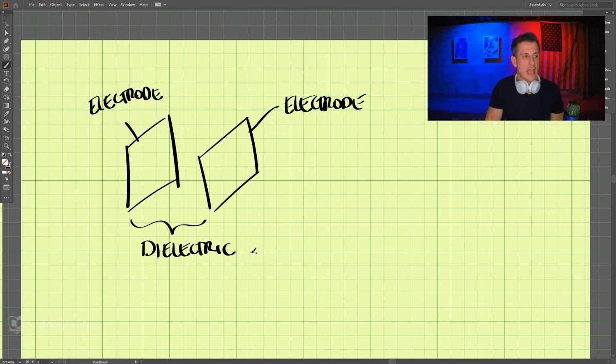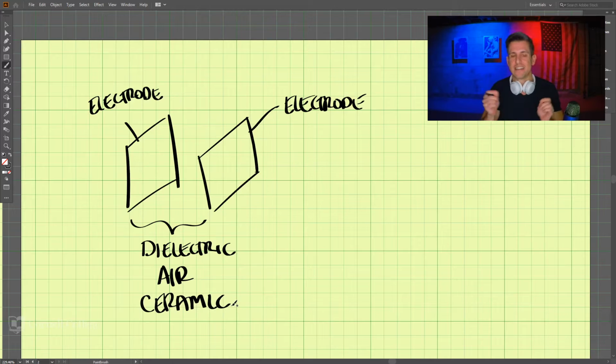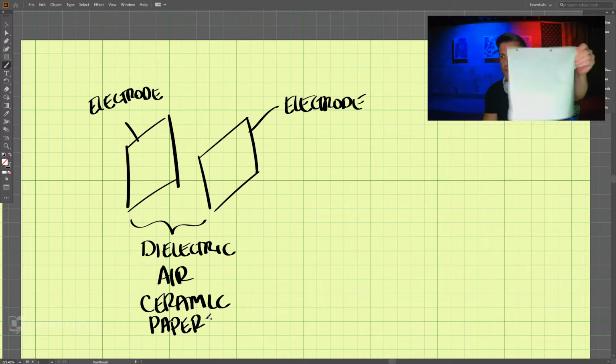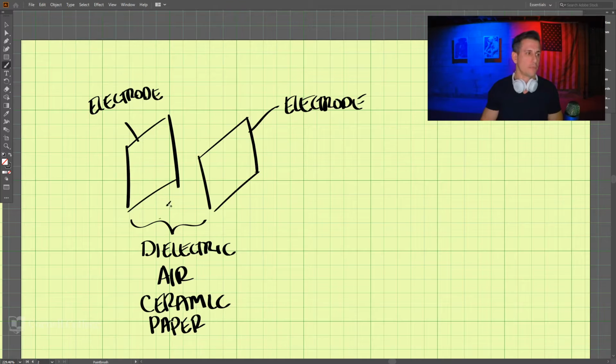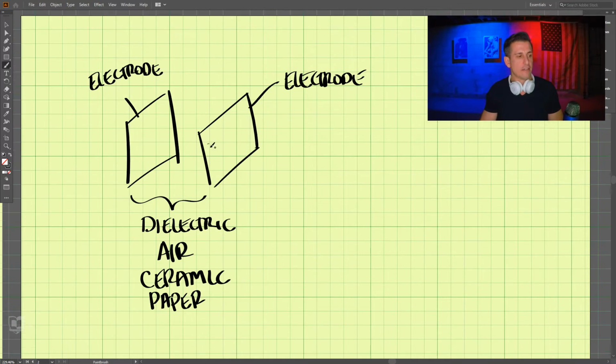The dielectric can be air, nothing in between there, but we can also put other types of material in here, such as ceramic material, which is a very good insulator. It's an insulator that does not let current flow through. Ceramic, or even just paper in between those two. That's what we call the dielectric.